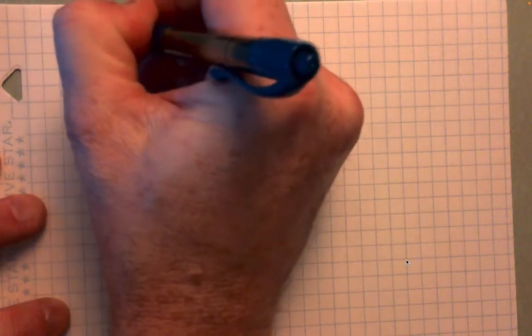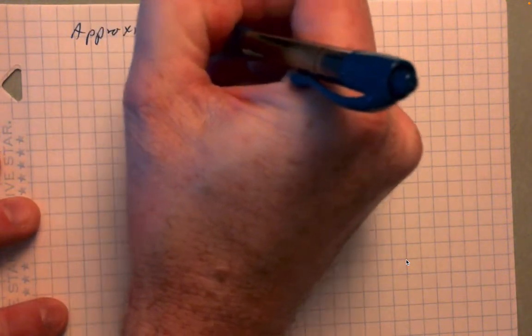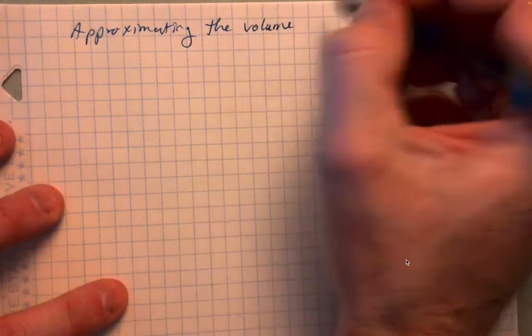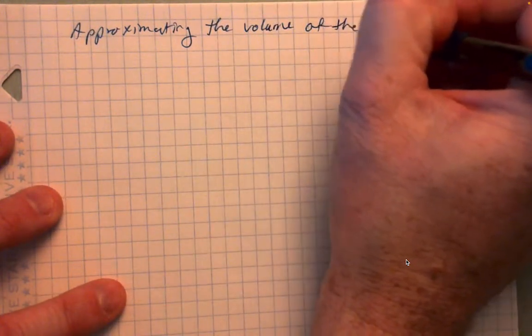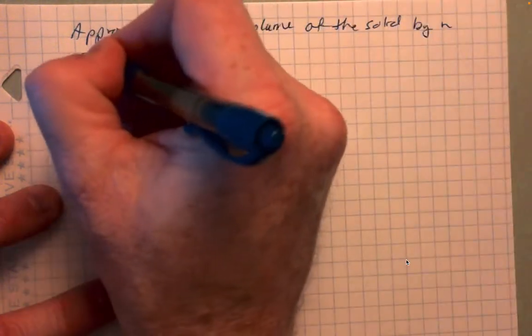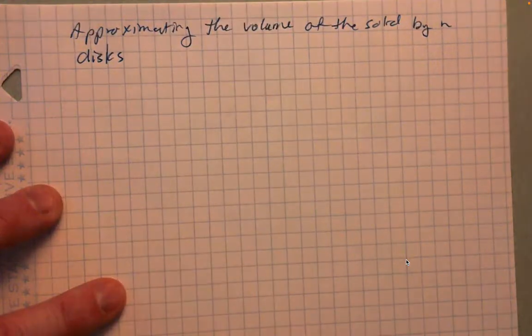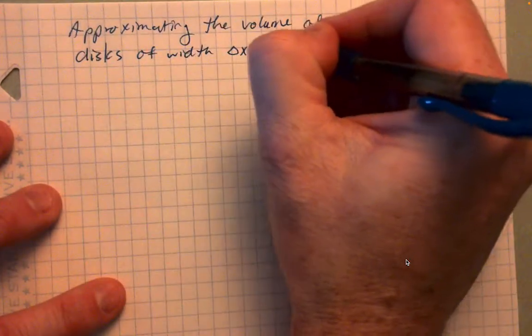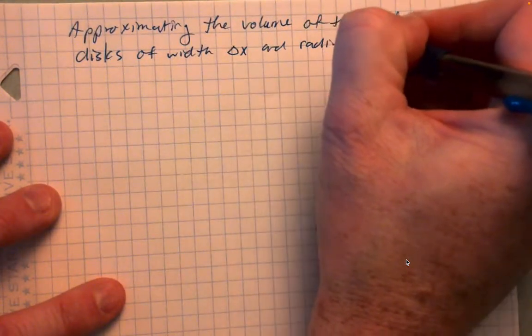Okay. So approximating the volume of the solid by n disks of width delta x, okay, and radius r of x.